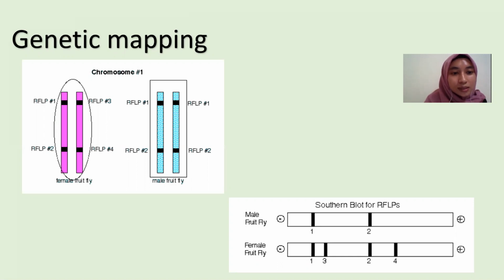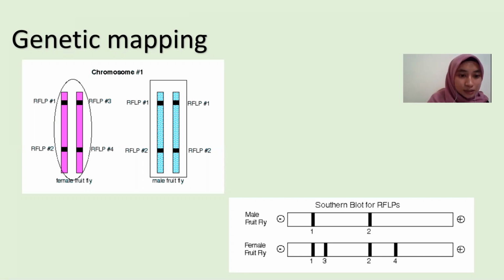As you can see, in the colorful pictures I provide at the left of the slide, the pink one indicates the female fruit fly, while the blue one indicates the male fruit fly. There are four different RFLP bands on the female fruit fly, but only two RFLP bands on the male fruit fly.